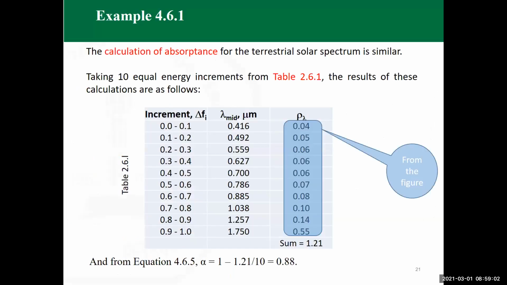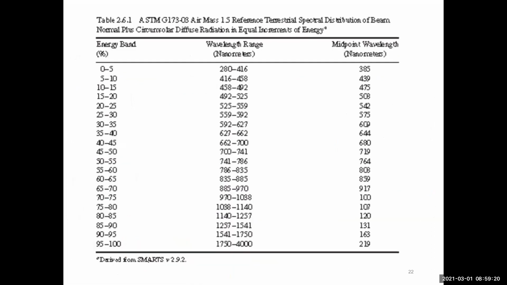In this case, what we're looking for is the calculation of the absorptance for the terrestrial solar spectrum. So we need a similar table that can provide us with values or increments of delta F for the terrestrial spectrum. And this table is found here. This is the one, table 2.61. It is available in the book on page number 63.